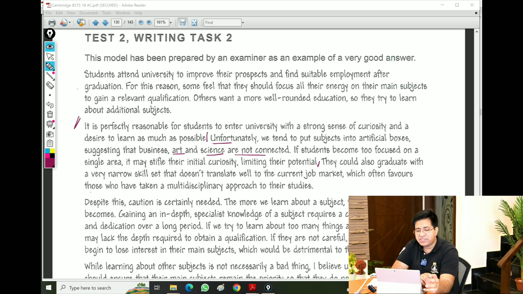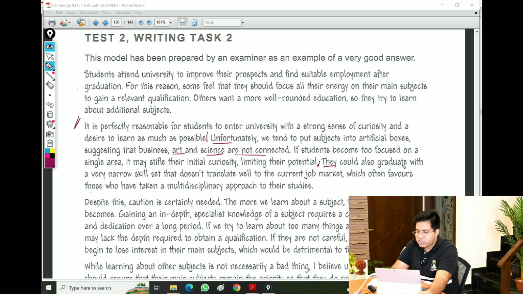Okay, now focus on this sentence structure, focus on vocabulary, focus on the structure of the paragraph, the number of sentences and what is written in each sentence. They mean students could also graduate with a very narrow skill set that doesn't. Now, this is something the examiner should not have done because in IELTS writing, contractions should not be used.